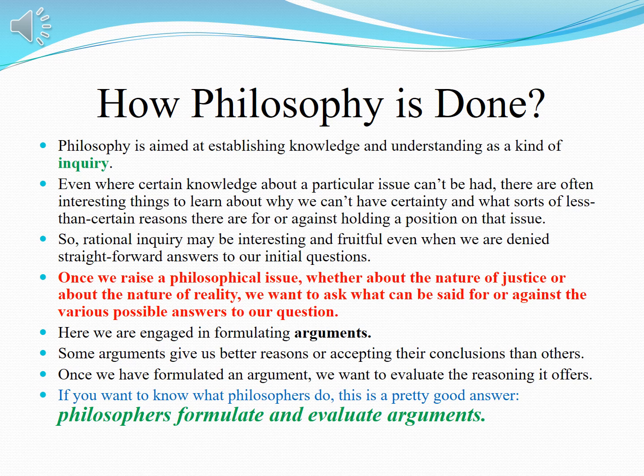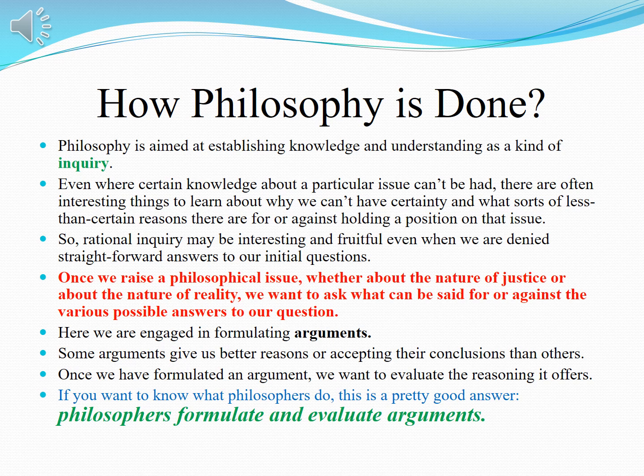It may not give us the ultimate answer, but it is telling us other things. So rational inquiry may be interesting and fruitful even when we are denied a straightforward answer to our initial questions. So we will go on a different path to find the truth or the validated knowledge.